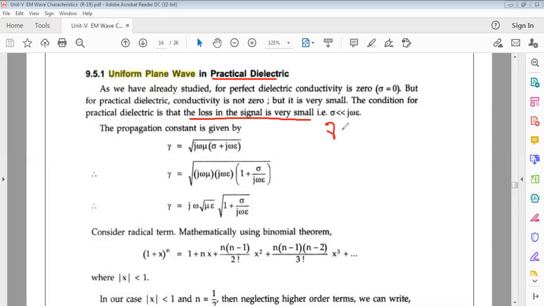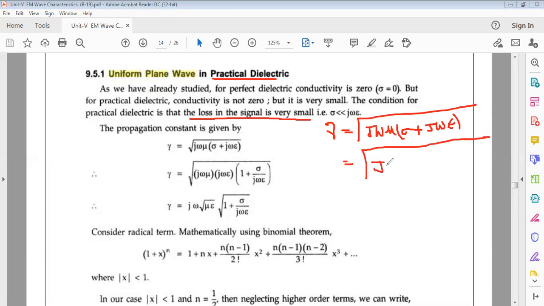Let us consider the propagation constant gamma equal to under root of j omega mu times sigma plus j omega epsilon. Taking j omega epsilon common, under root of j omega mu and j omega epsilon whole, multiplied with 1 plus sigma by j omega epsilon.